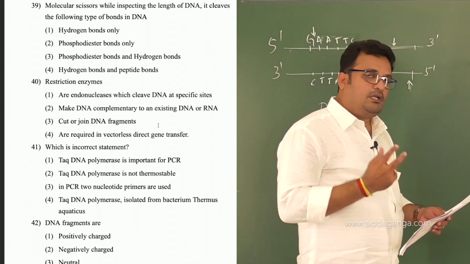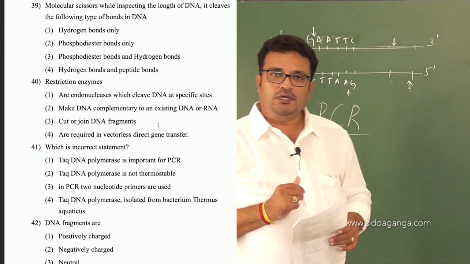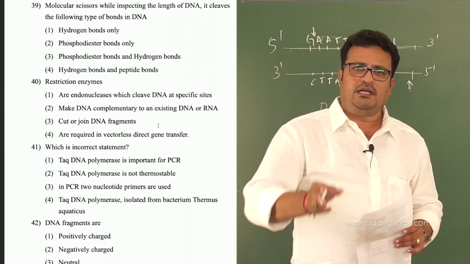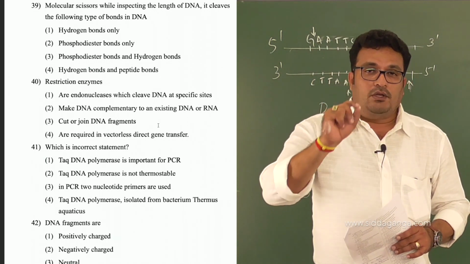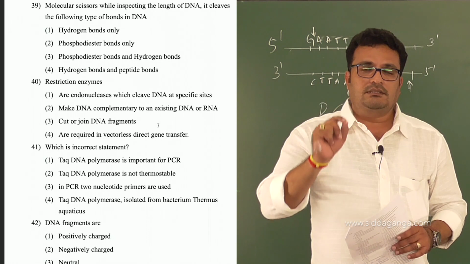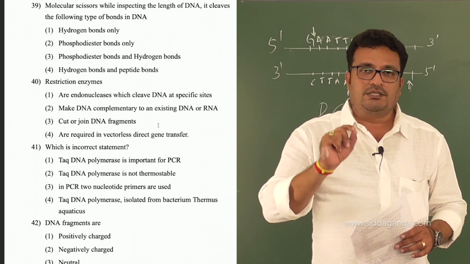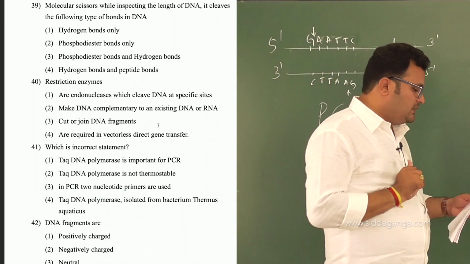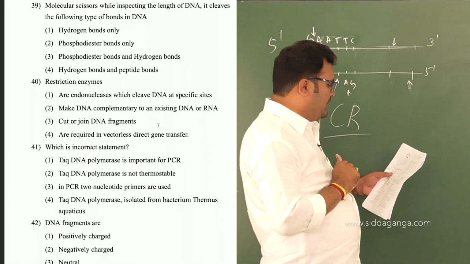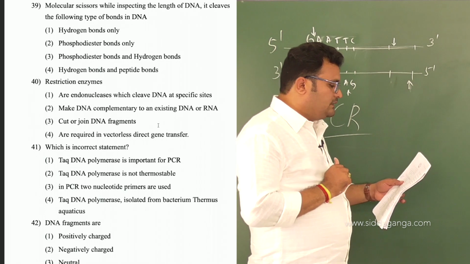Molecular scissors are nothing but the restriction endonucleases. I told you many times while teaching the topic. While inspecting the length of DNA, it cleaves the following types of bonds in DNA.